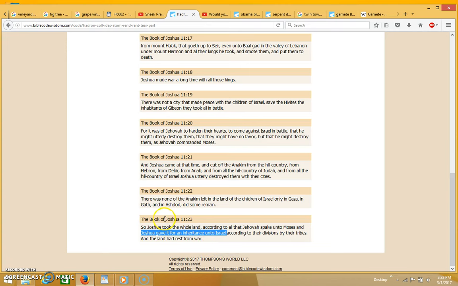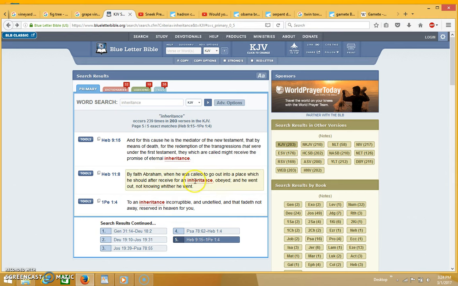Okay, so this is prophetic of the end times, of the inheritance going to Israel, but of course this is talking about spiritual Israel. As you can see here, it talks about the inheritance.